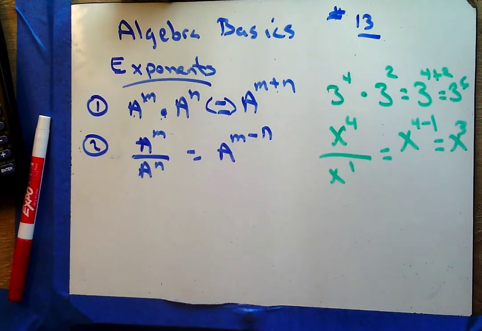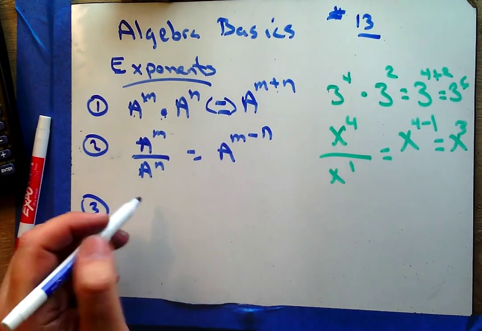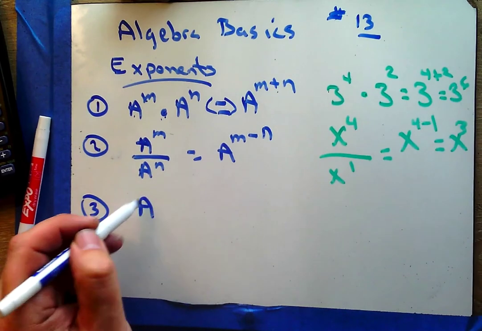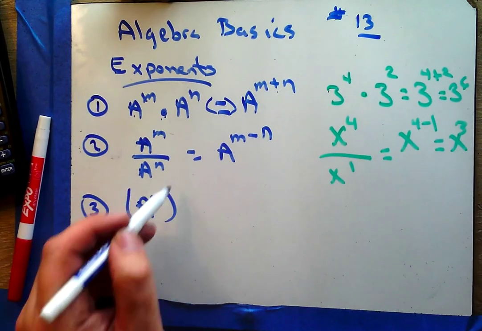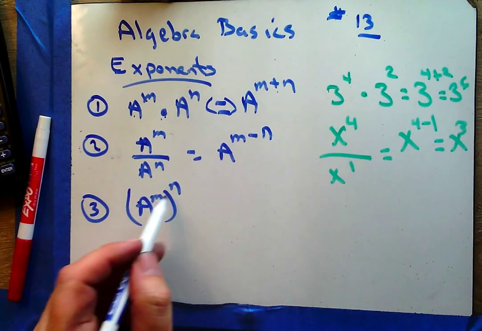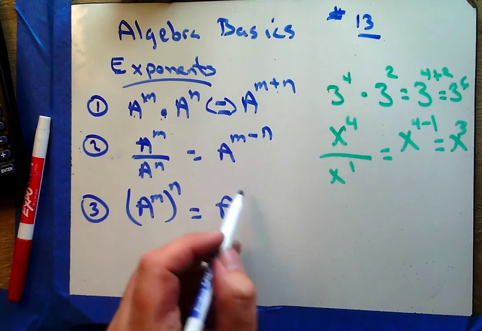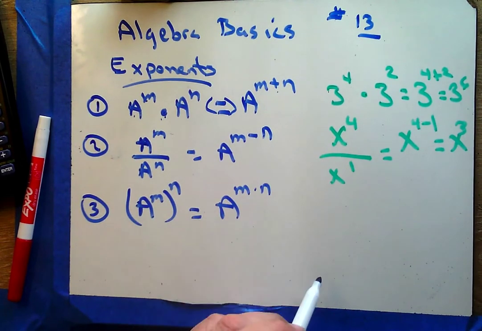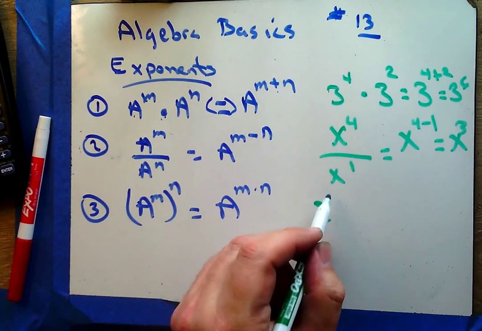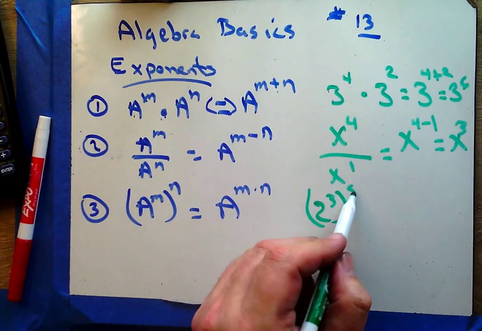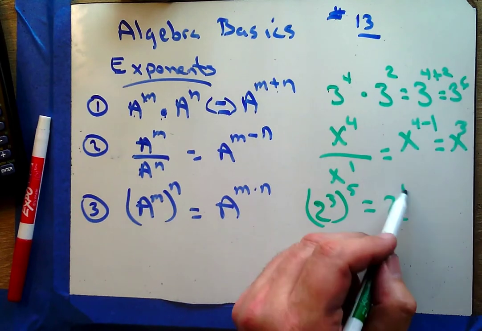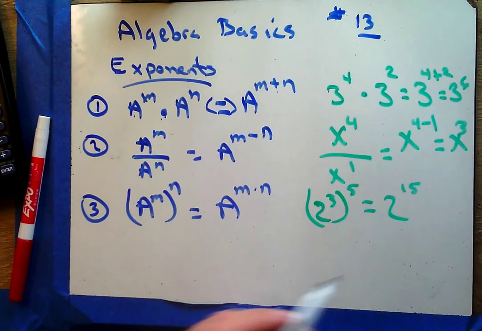Okay? 3. What's my power property when I raise a power to another power? When I raise a power to a power, I'm supposed to multiply those powers together. So if I have 2 to the 3rd to the 5th, that's going to be 2 to the 15th because I multiplied those powers together.